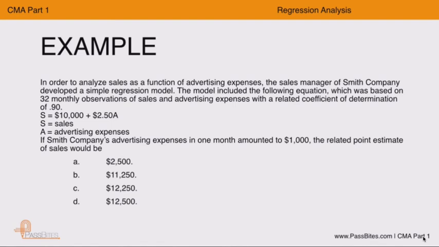S is 10,000 plus 2.5a. 10,000 is the intercept, 2.5 is your slope. If Smith Company's advertising expense in the month amounted to $1,000, the related point estimate of sales would be how much?